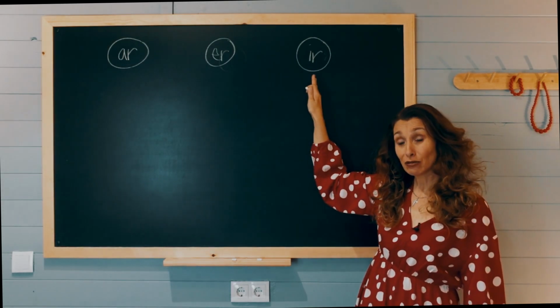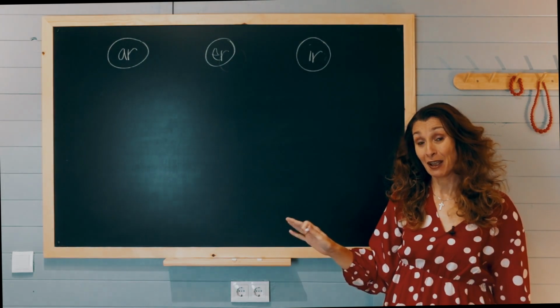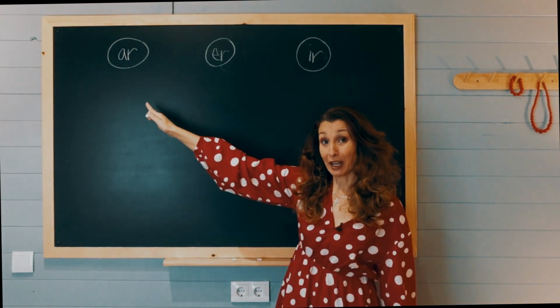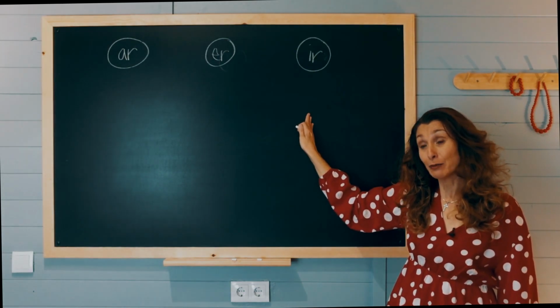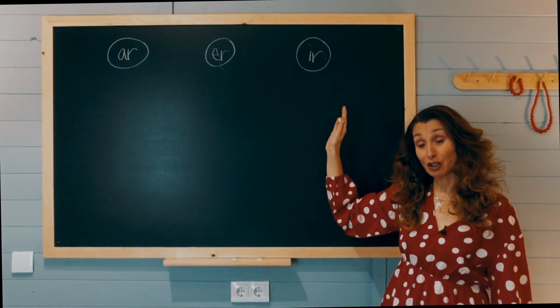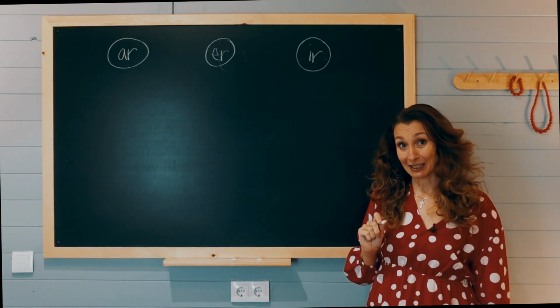And once these three endings are gone, they've served their purpose, we know whether we are talking about the first, second, or third conjugation verb. Once these endings are gone, we start adding new endings, okay?